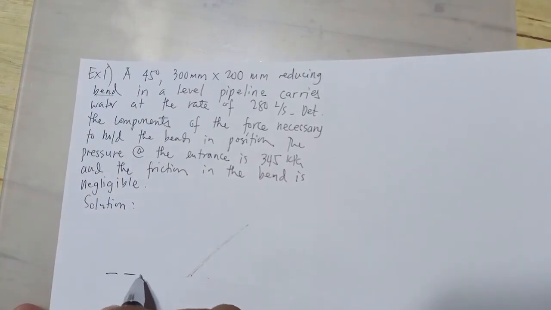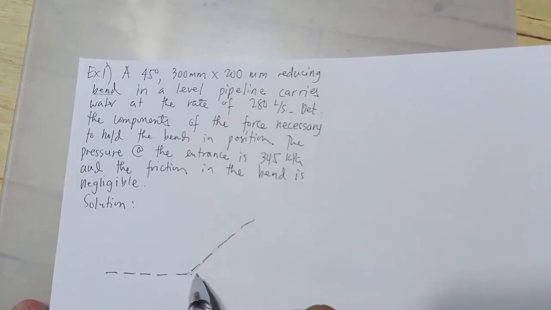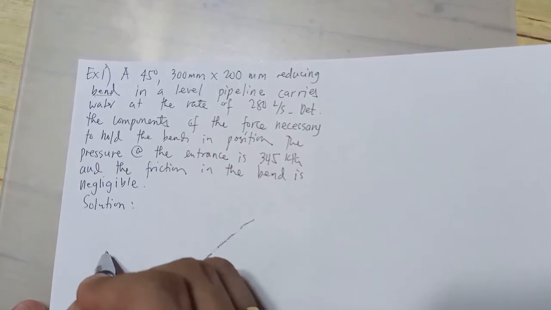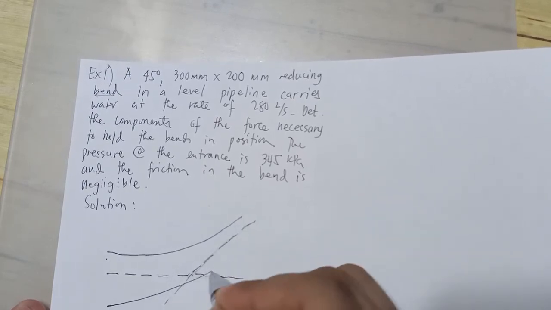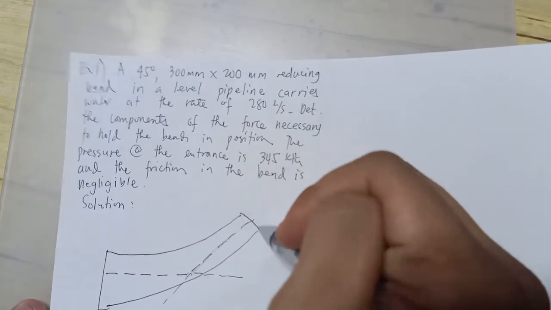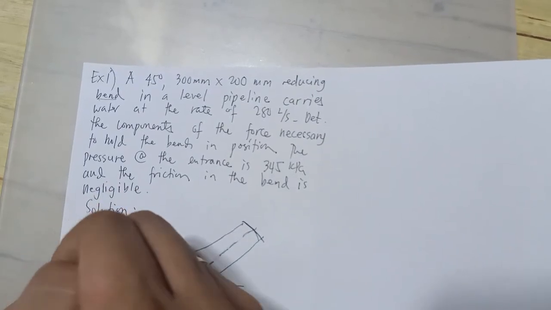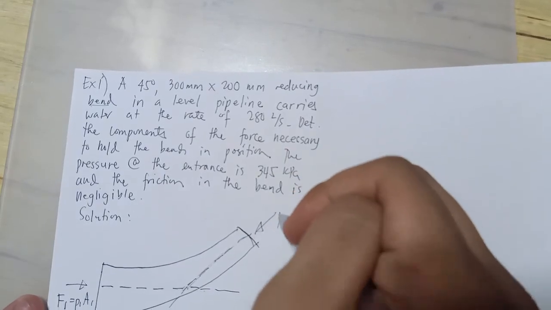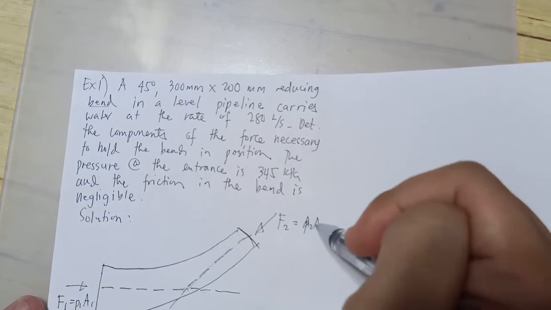So let's draw the illustration. So first, the broken lines for our bases. So from big to small, from big to small. F1 equals to P1A1, F2 is P2A2.